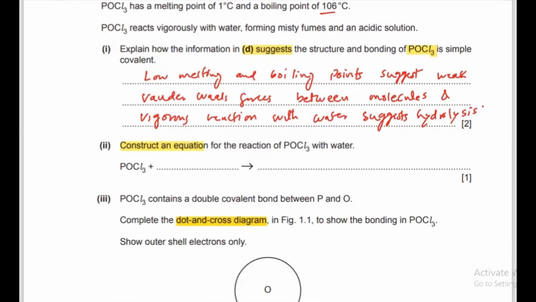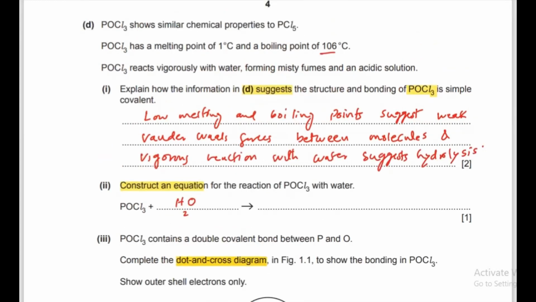Then construct an equation for the reaction of POCl3 with water. So with water, H2O. As we can see, POCl3 is like PCl5. So PCl5 reacts with the water to form H3PO4 plus HCl.